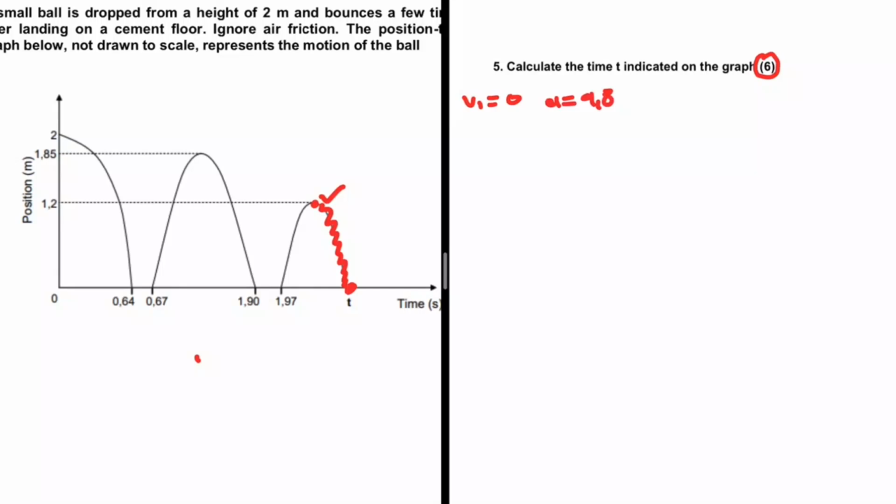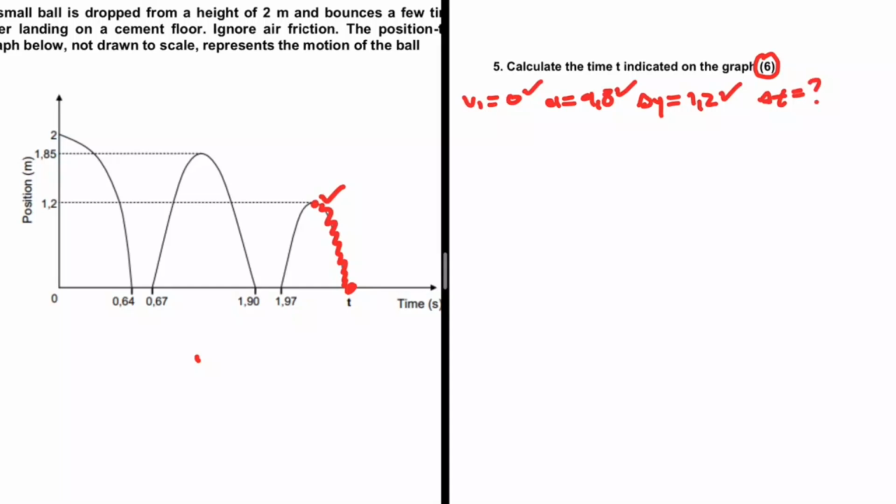So VI, acceleration, what else do we have? We have the displacement. When we strike the ground, the displacement will be 1.2 meters downwards. You can clearly see here that the position is 1.2 meters above the ground. So VI, acceleration, delta y, let's find delta t.